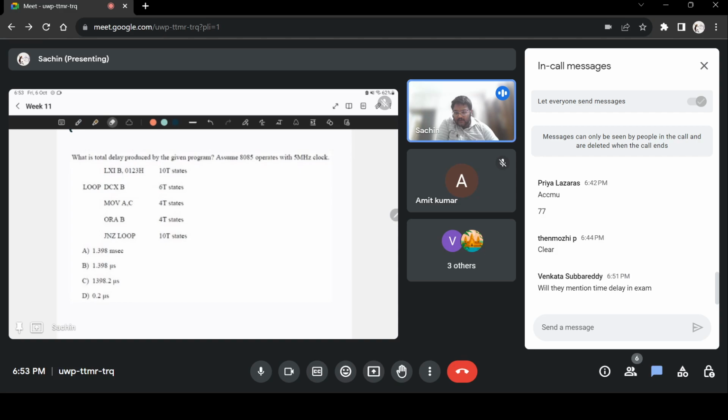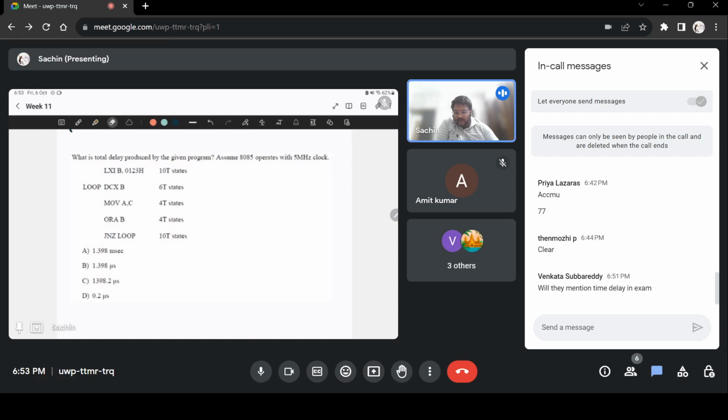So the contents of BC will be 0123H. So 01 is loaded into B and 23 is loaded into C.